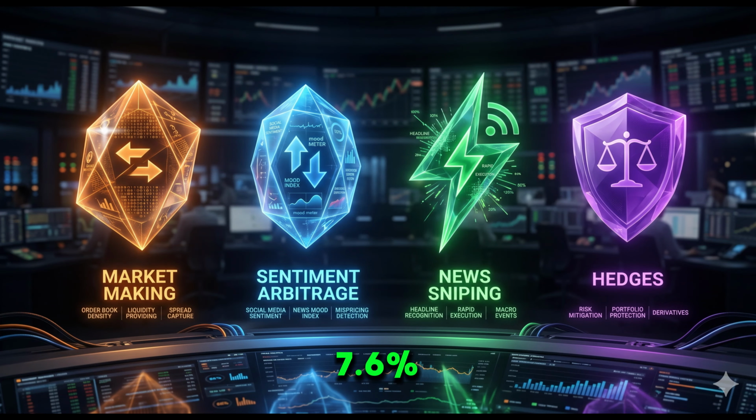To be in the 7.6% that actually win, your agent needs a specific strategy. 1. Market making. Your agent sits on both sides of the book, collecting tiny fees from every trader. 2. Sentiment arbitrage. It scans X and Reddit.